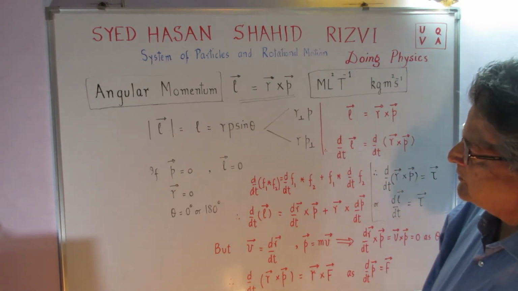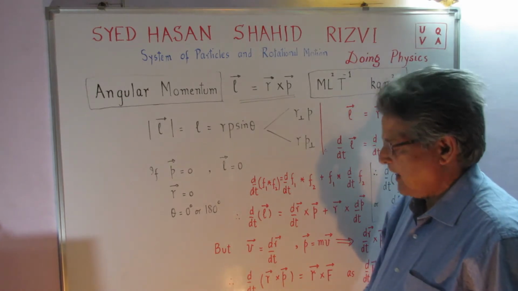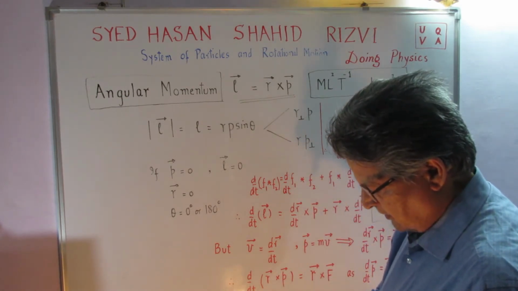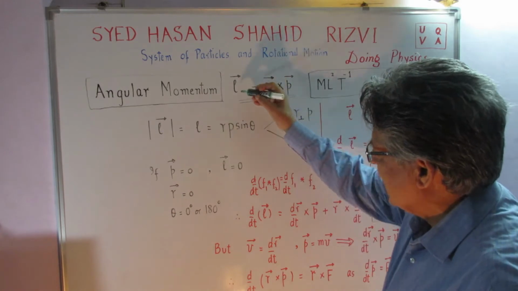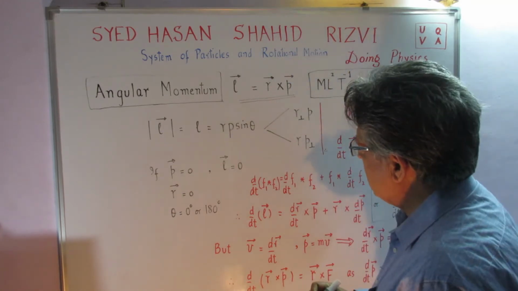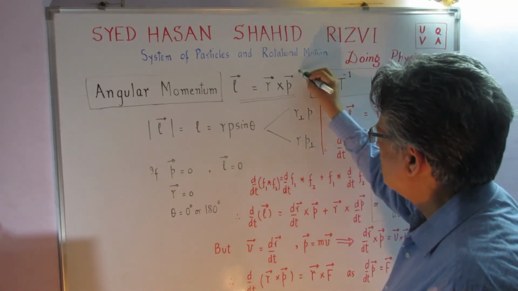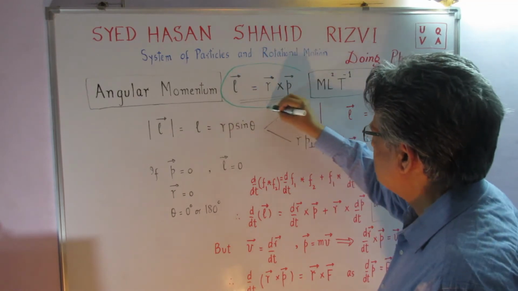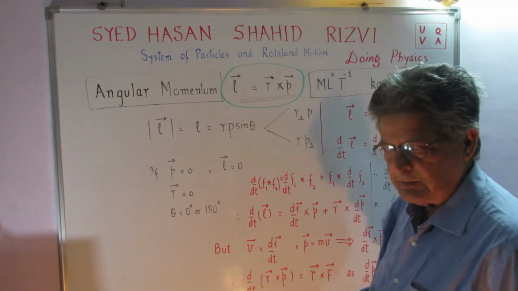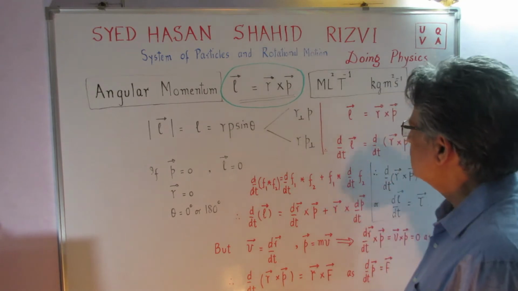The angular momentum, the term that we use is L. Vector L is equal to R cross P. So this is the simple definition of this quantity.